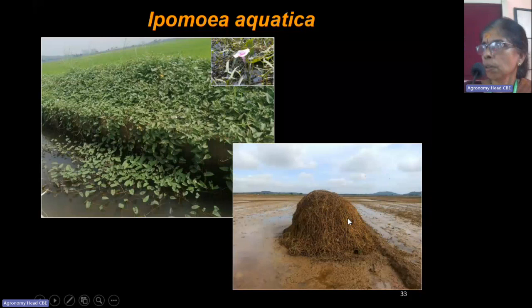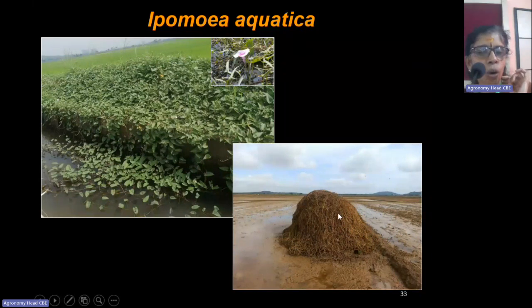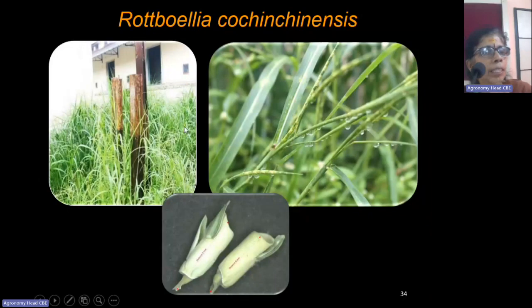Water fallow means, before sowing, there is a fallow period where the area is inundated with water. So you see heaps of the weed being removed and kept, you can see such heaps in kole lands at the time of preparatory cultivation.